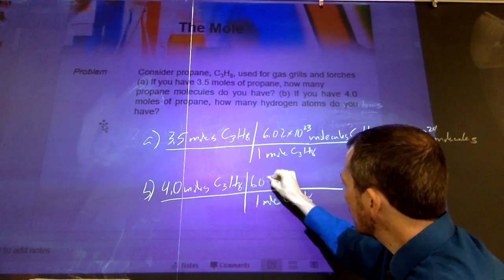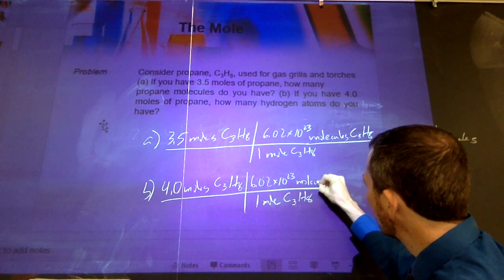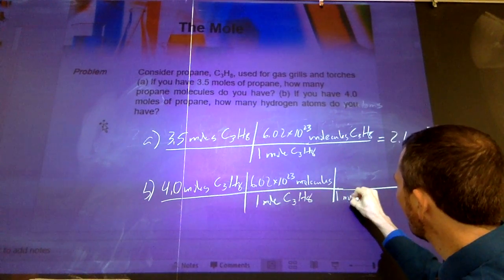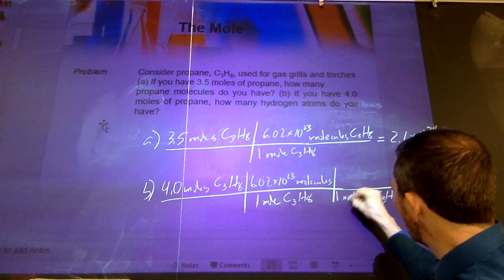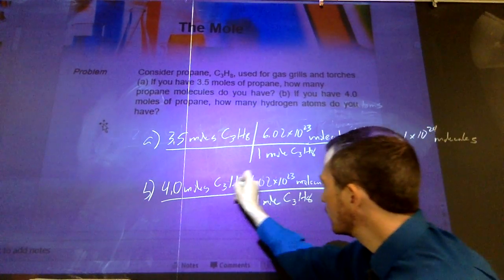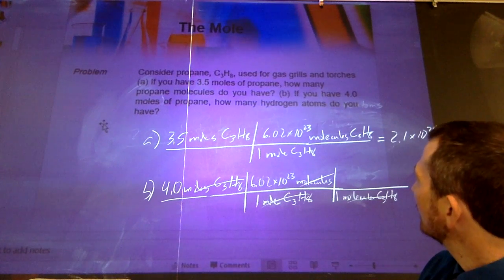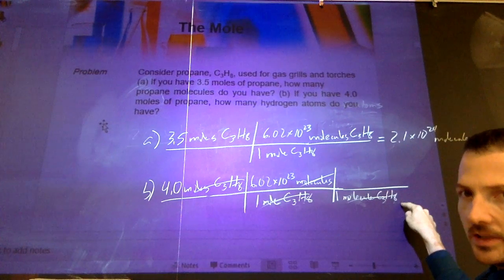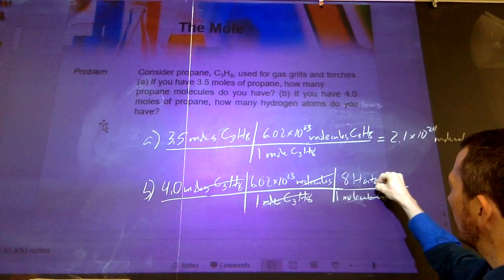So Avogadro's number of molecules. My moles of C3H8 cancel out. My molecules will cancel each other out. It says how many hydrogen atoms, so I have to look at my formula here. C3H8. So in 1 molecule, I have 8 hydrogen atoms.